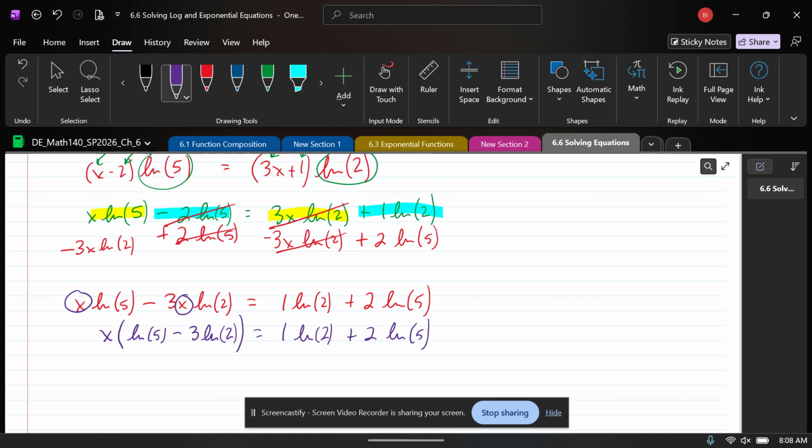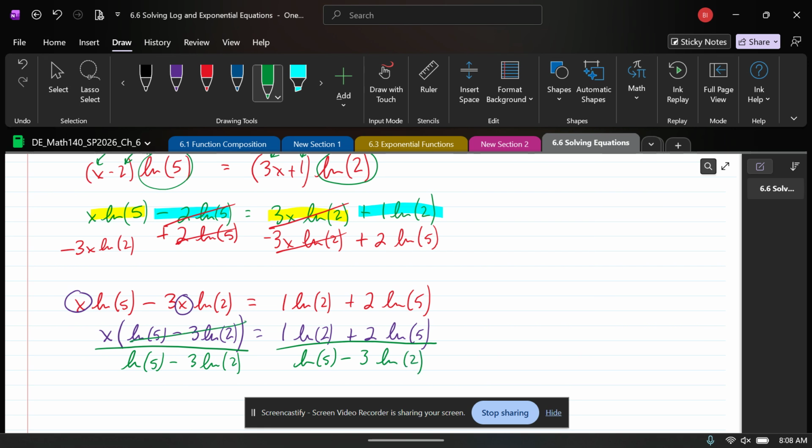All right. So now what we've got here is x times this stuff, and this stuff here is just a number. So it's x times a number. To get x by itself, the opposite of multiplication is division. So I'm going to divide by that number, natural log of 5 minus 3 natural log of 2.